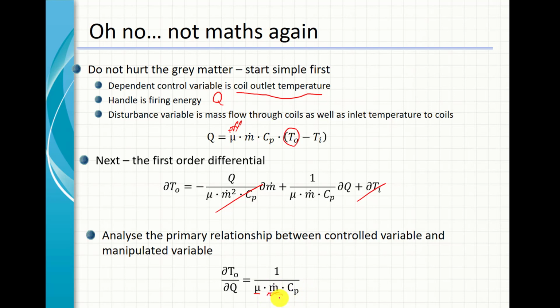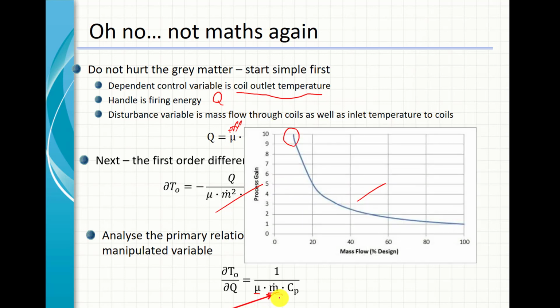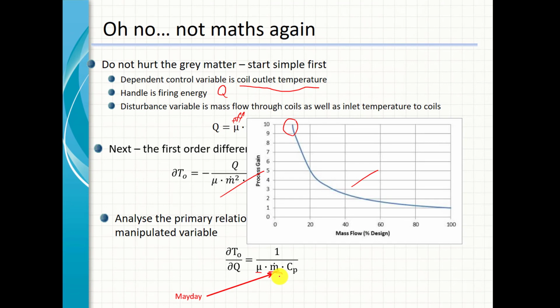And if I plot that gain, because that's the process gain between the outlet temperature and the inlet firing, as a function of throughput, we get a very nice hyperbolic function. So when you're running your process, you're probably going to be running it around here. So you would tune your temperature loop for this area. During startup, the problem is that your process gain is very, very high.